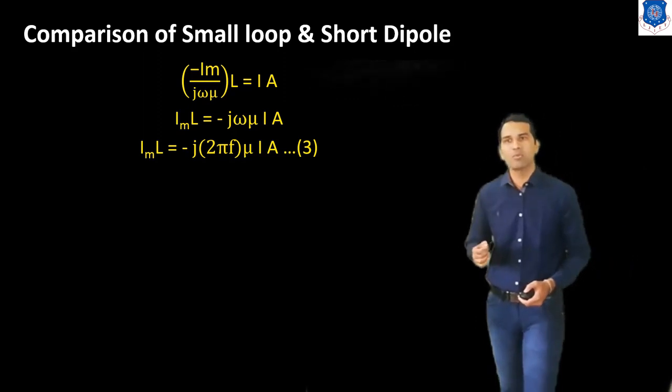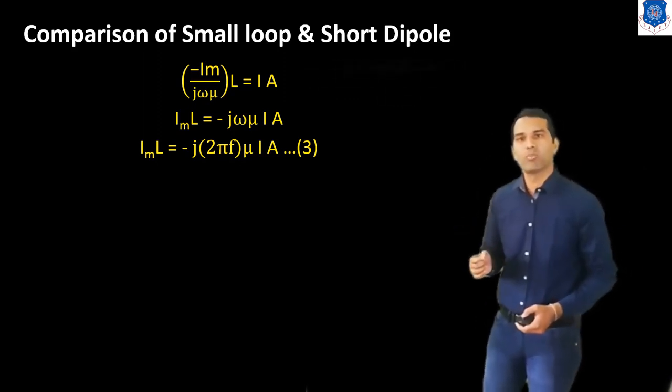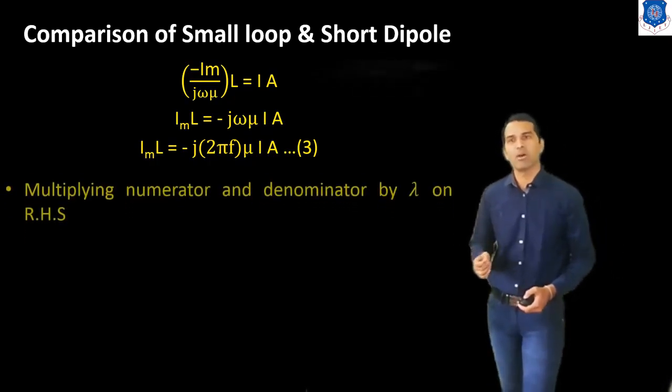We get Im into L is equal to minus j 2 pi f mu I into A.